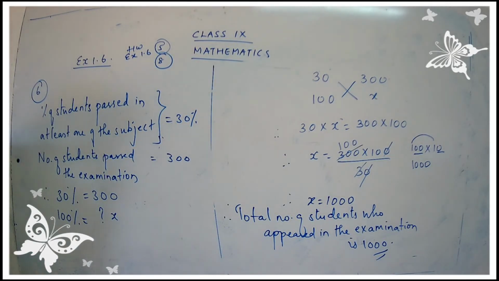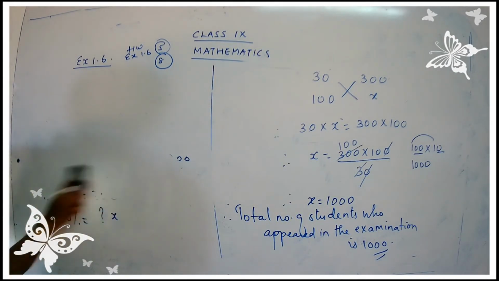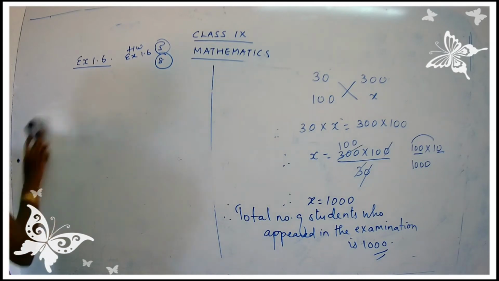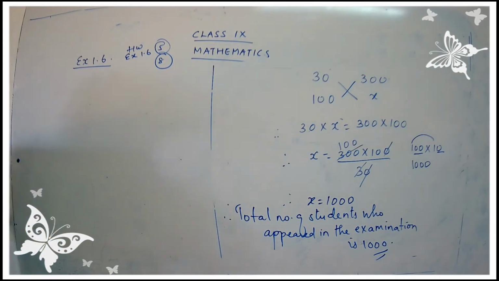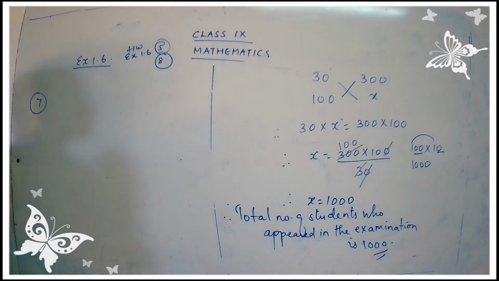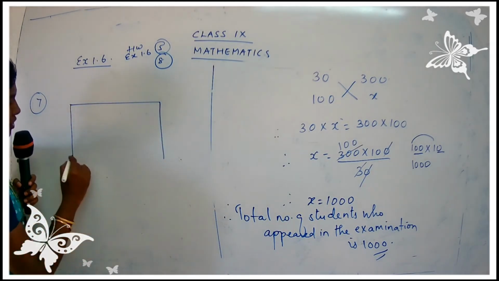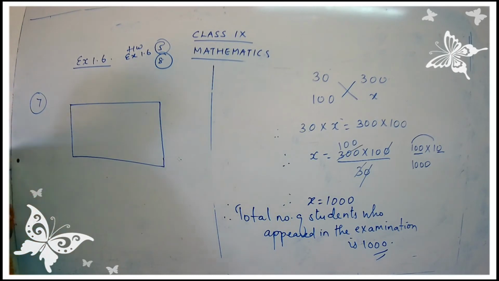Okay, let's start with the answer. Come on, let's work out the sum. Sum number 7. The question says that you have to illustrate the information by means of a Venn diagram. So you have to draw a Venn diagram. First draw a rectangular box. And you have to show two sets. They have given you that A and B are two sets.